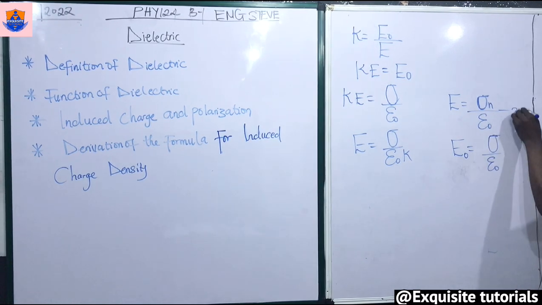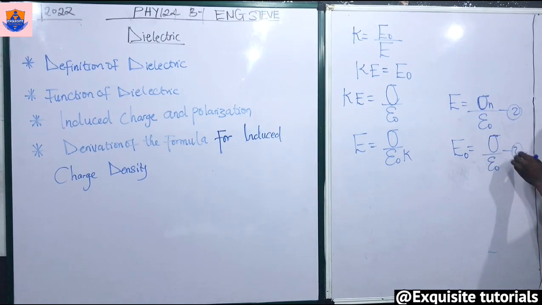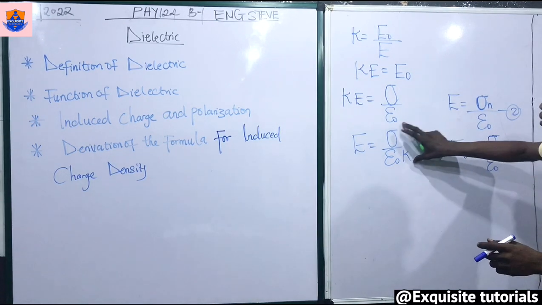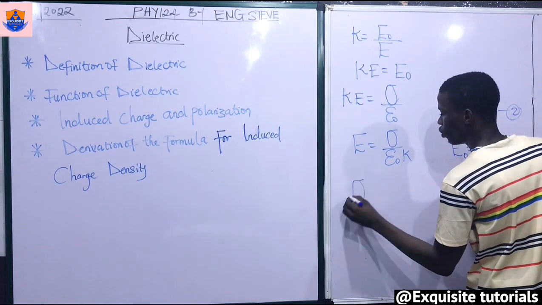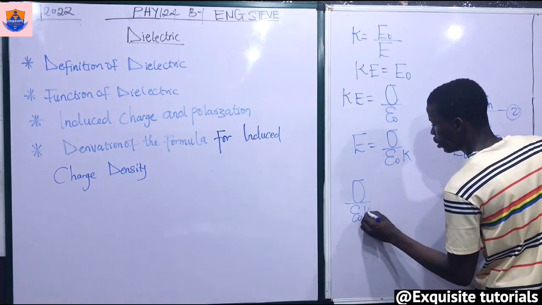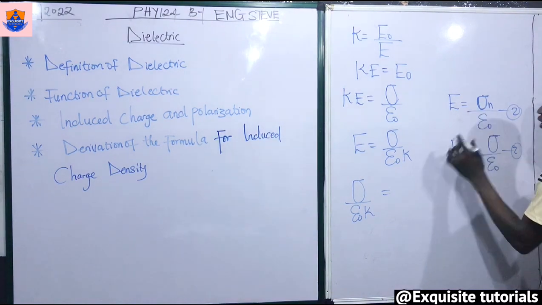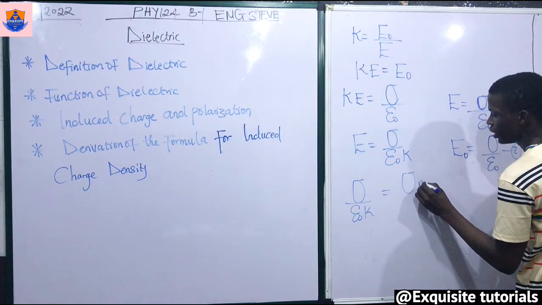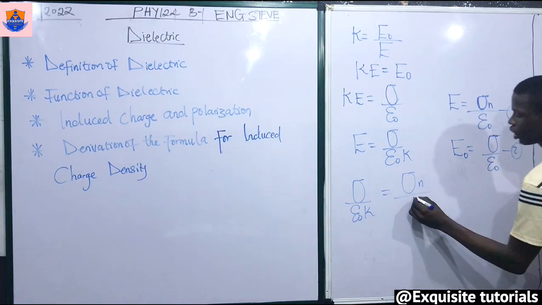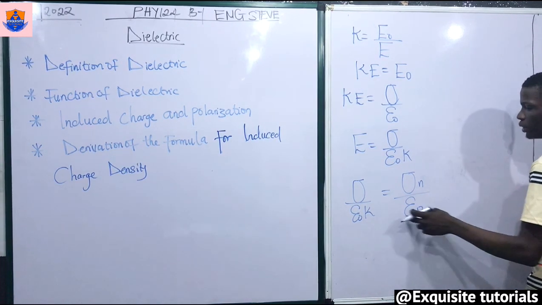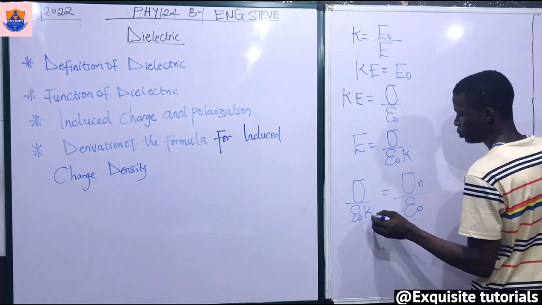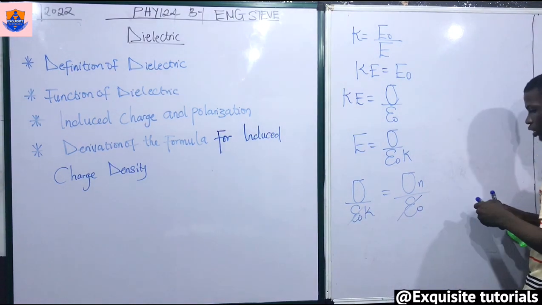These are two equations. So if I make this E equal to this E from here, I'll be having sigma over epsilon naught K is equal to sigma net all over epsilon naught. This is the permittivity of free space, this is permittivity of free space, so both of them can cancel each other.